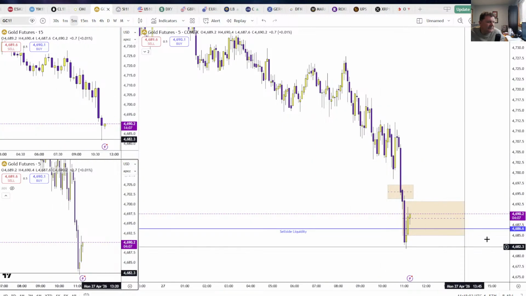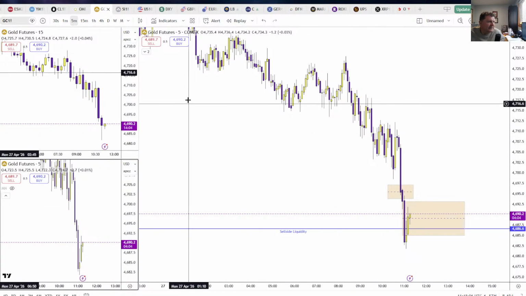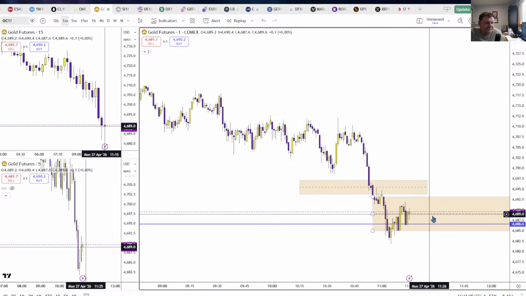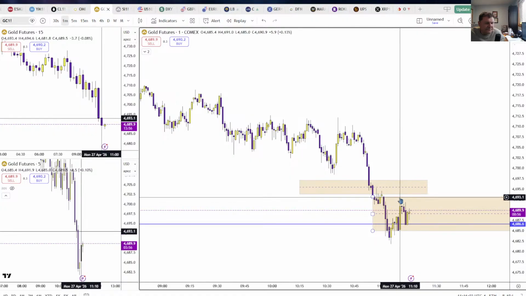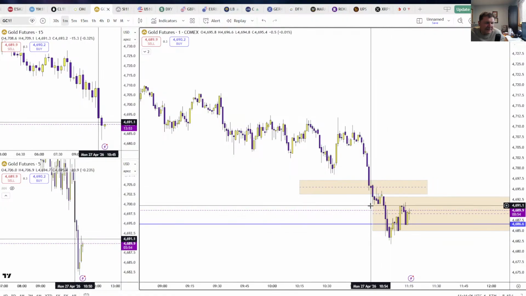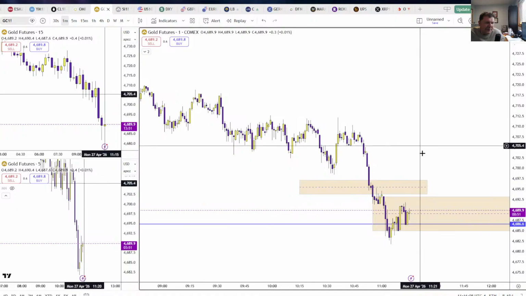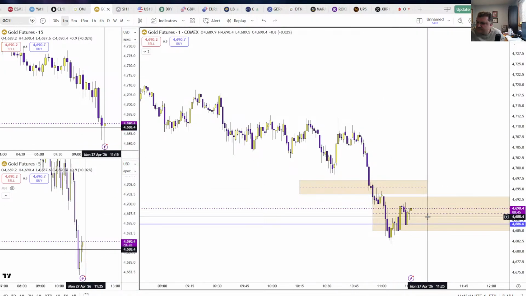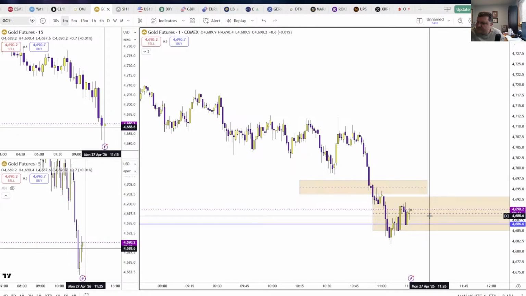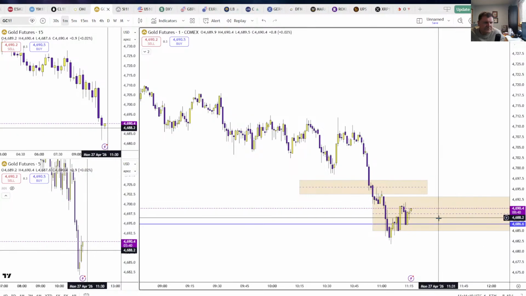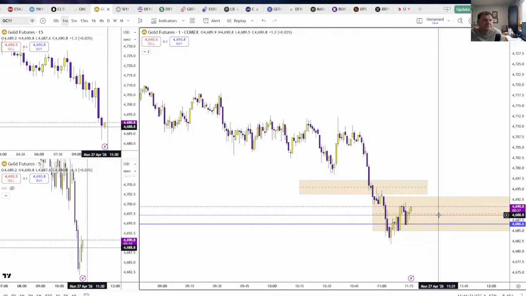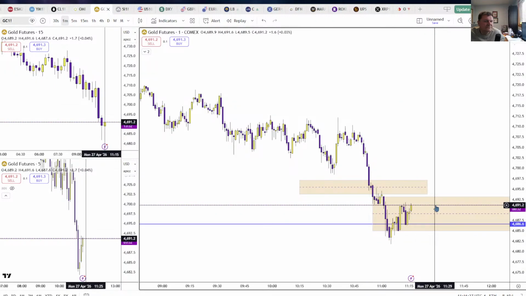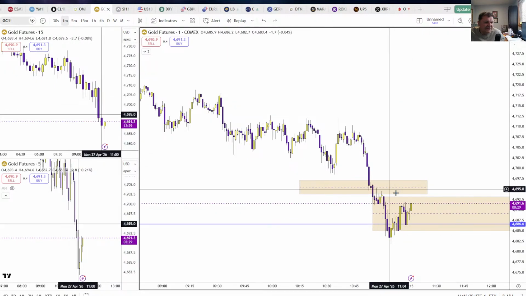So we got a 5-minute. Oh, that says the same thing. 15:5. What's happening on a 1-minute? So you want to see this bull trap here give way for this to go higher. So I'm just going to wait for this to let go here.